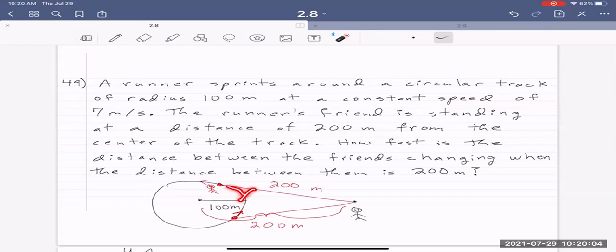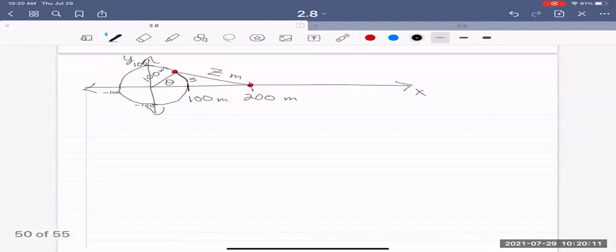So I'm really looking at the change in the arc length. That's why I put S there. So I have here that ds dt is 7 meters per second.